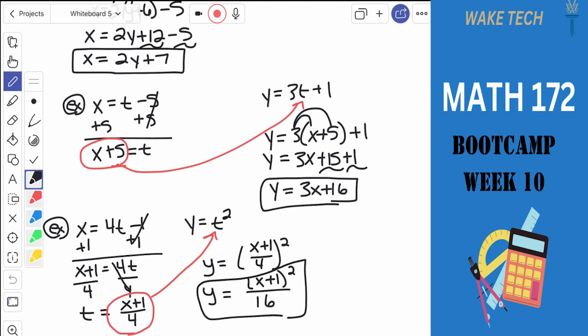So generally, a lot of times folks will request for you to leave the answer like what's down here. So for that reason, I will square the top and bottom separately and leave my answer that way. Questions about that one?